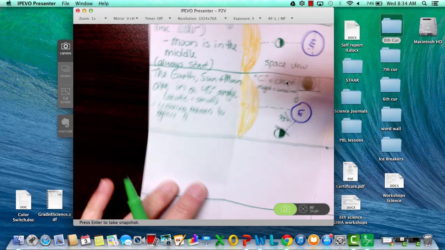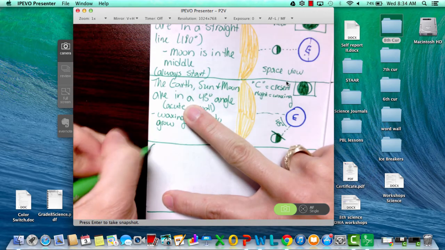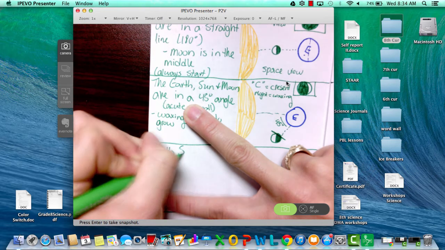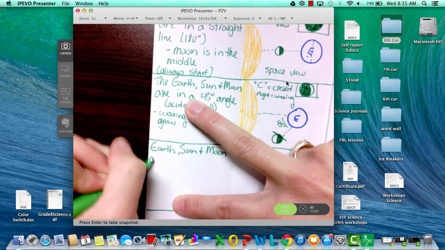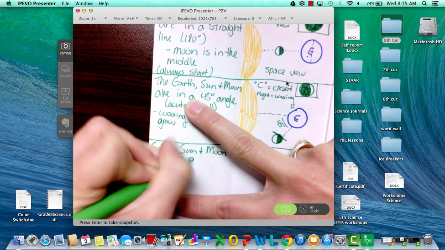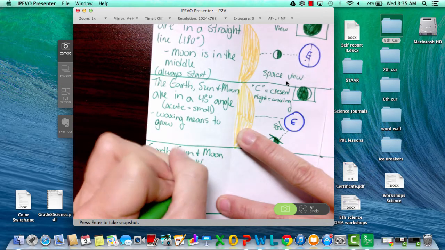Okay, during the first quarter, the Earth, Sun, and Moon are at a 90-degree angle, which we call a right angle.